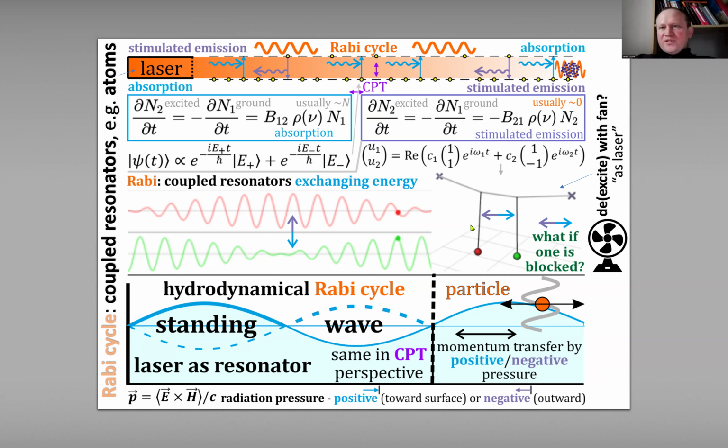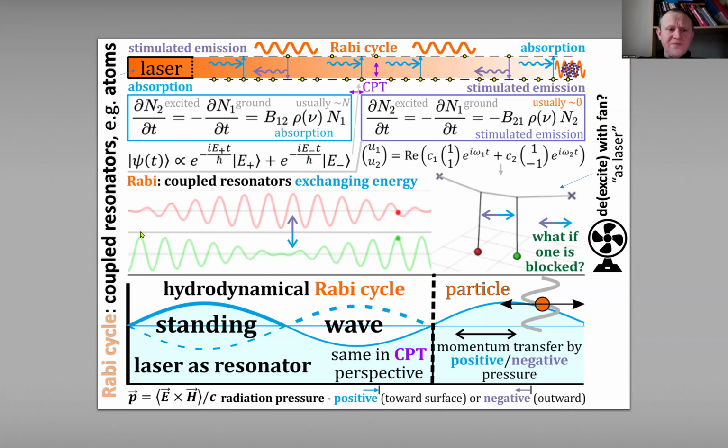Thinking about the laser, we have some asymmetry: it is a strong source of energy, and these are tiny resonators. So maybe we could think about a fan, which can also excite the resonator. If we push with a fan, we can excite, but pulling with the fan, we should also extract energy from the excited pendulum.